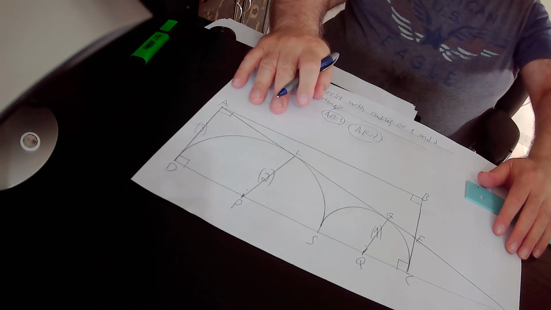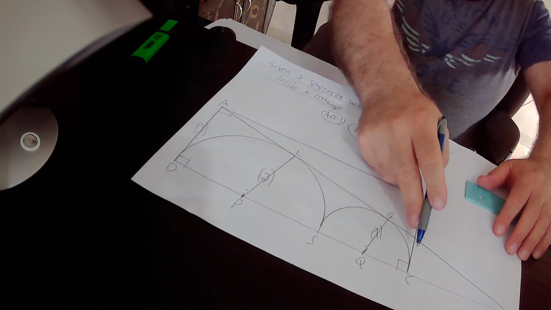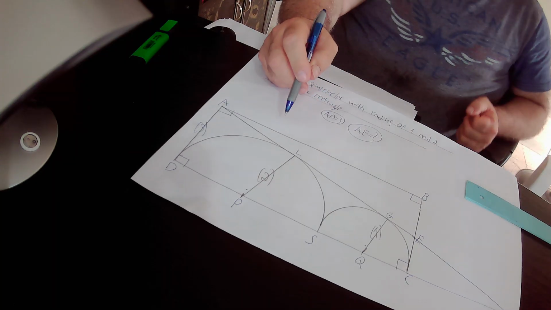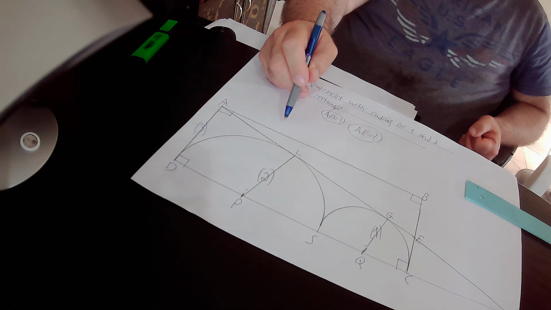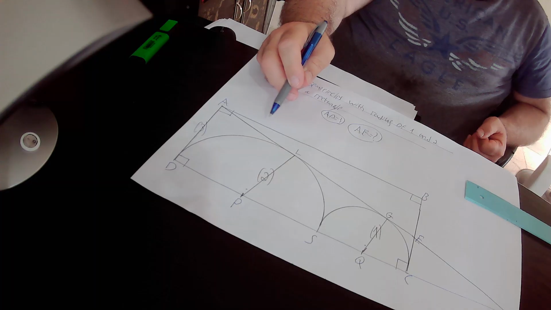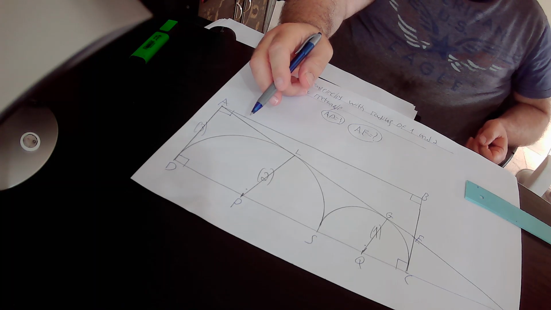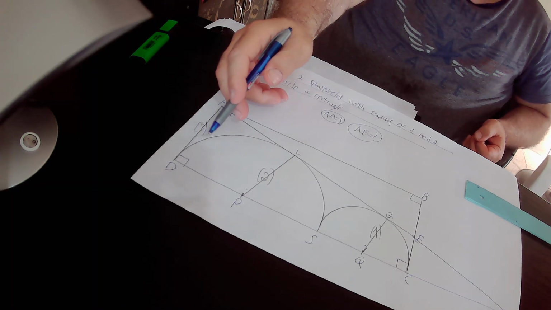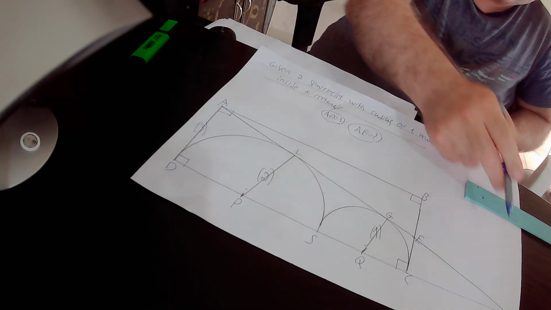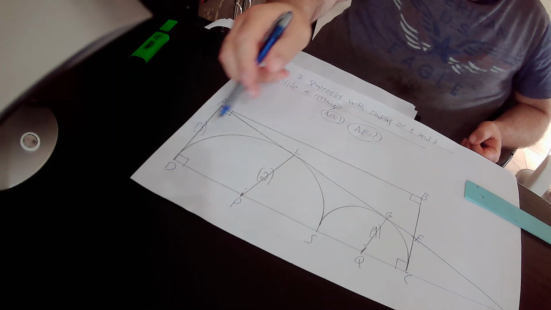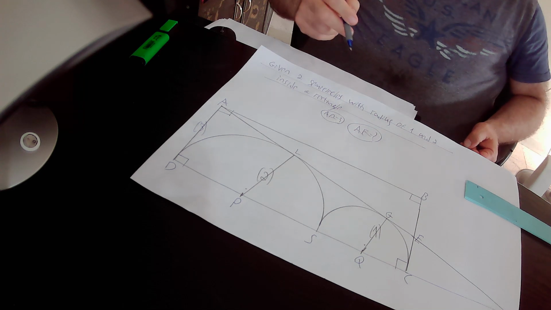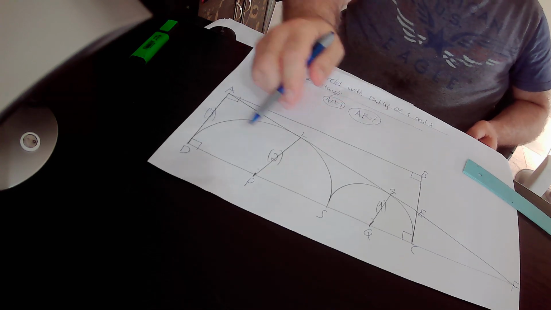Actually, we know that DC is one side of this rectangle ABCD, and therefore it is absolutely a straight line. Then we extended the straight line DC by a straight line, and the result is DF.